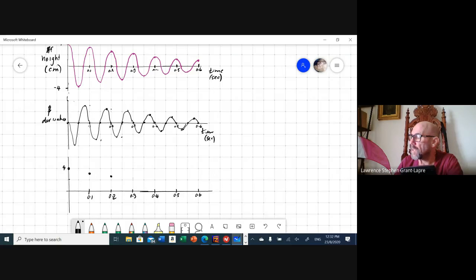So you will see that these heights here correlate. You can check that. 1.6, 1.28, and about 1.